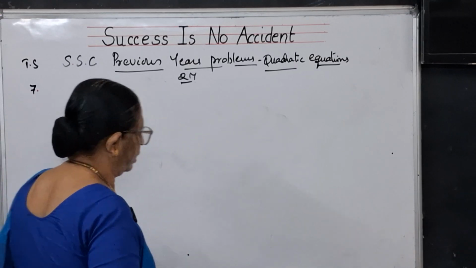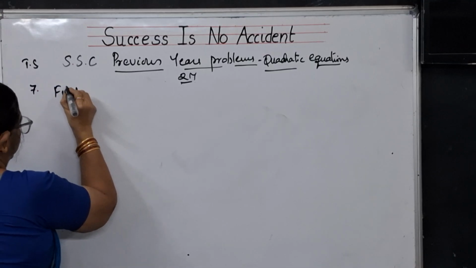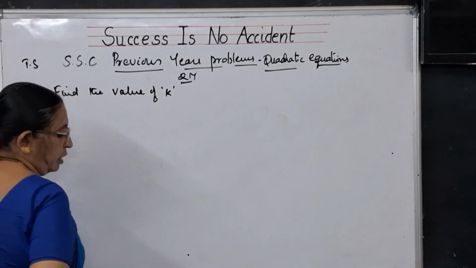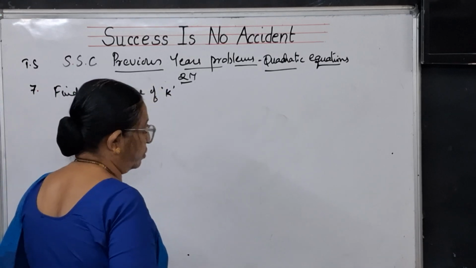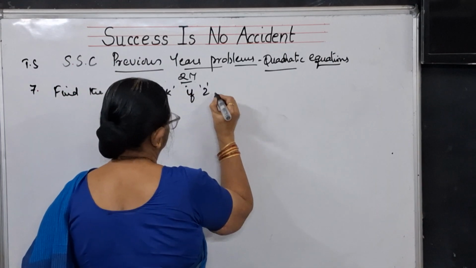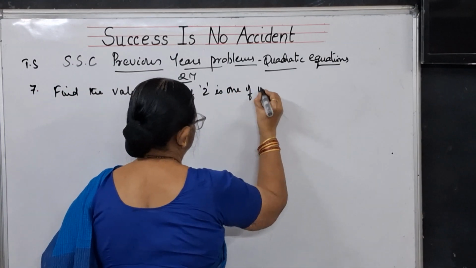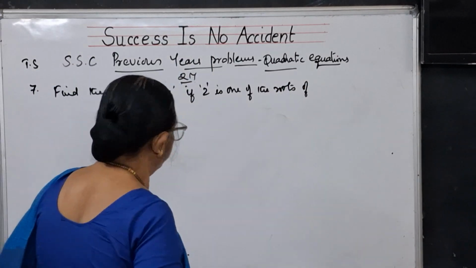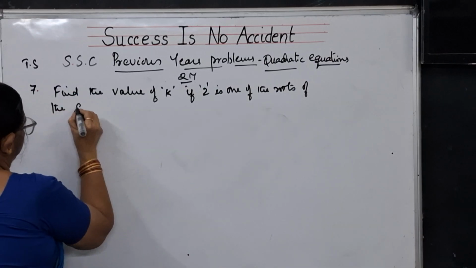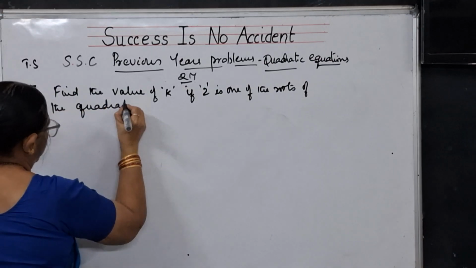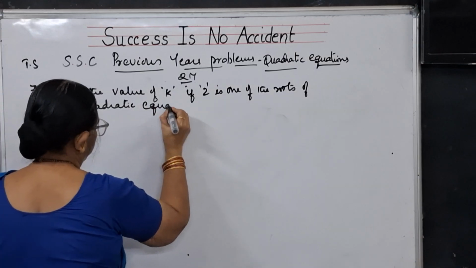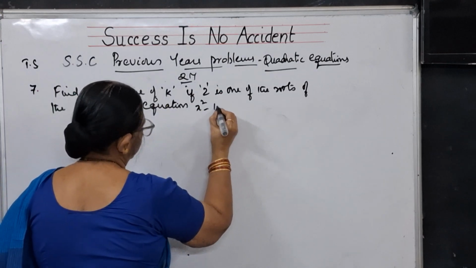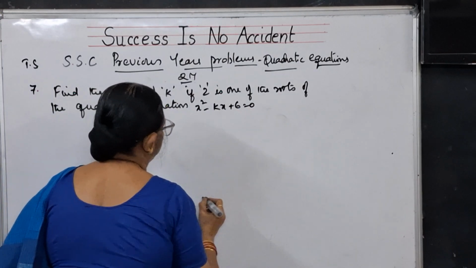Find the value of k if 2 is one of the roots of the quadratic equation x square minus kx plus 6 is equal to 0.